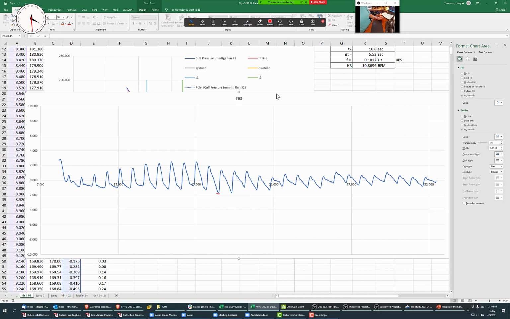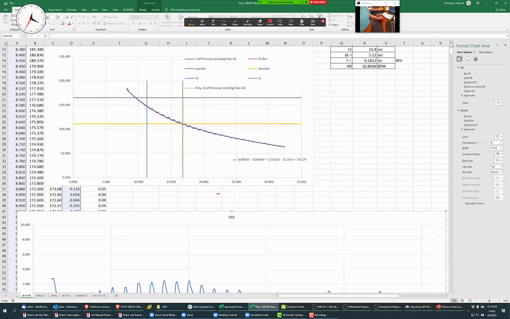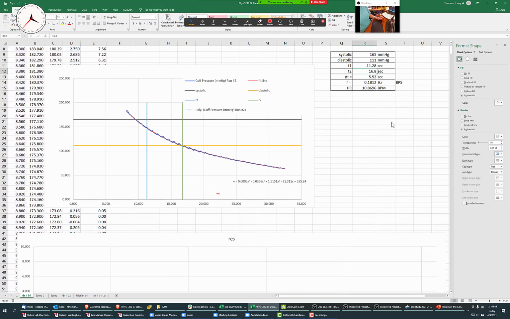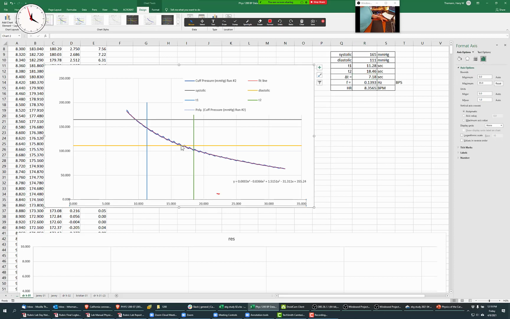So then I can go here and I can type in 18.46, and then my time cursor moves, and then I can zoom in on that area, which looks like I want, let's say 15 to 20.